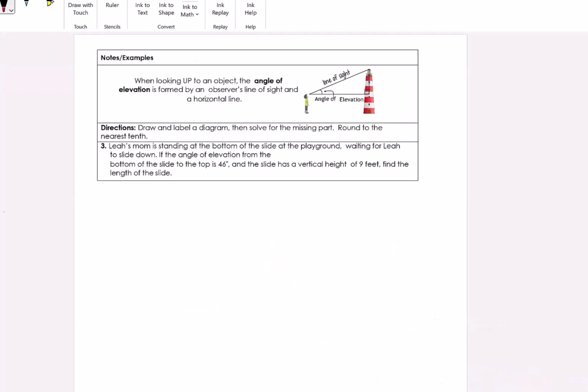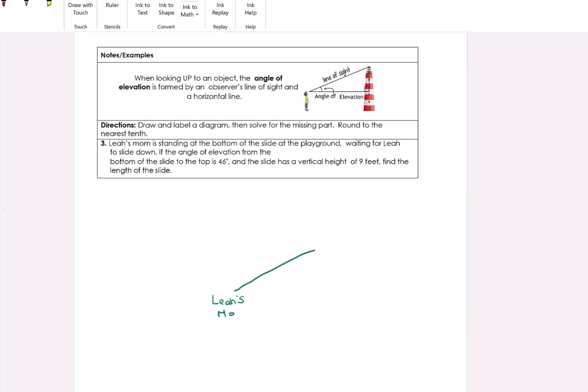Leah's mom is standing at the bottom of the slide at the playground, waiting for Leah to slide down. I have a visual. This is Leah's mom over here. The line is the slide, and Leah is at the top, ready to come down the slide. Angle of elevation from the bottom of the slide to the top is 46 degrees.